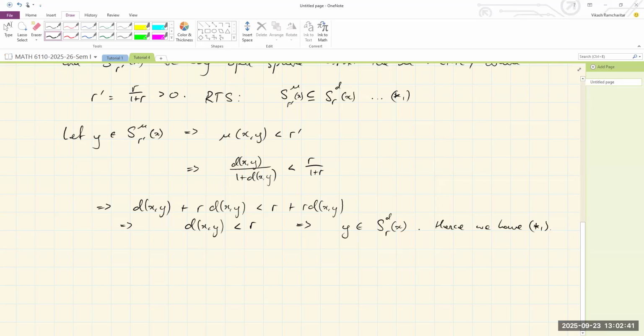And how do you choose the relation between r and r prime? Well, r prime is equal to r over 1 plus r, okay? And now what we have to do is the same thing, but the converse of it, okay?